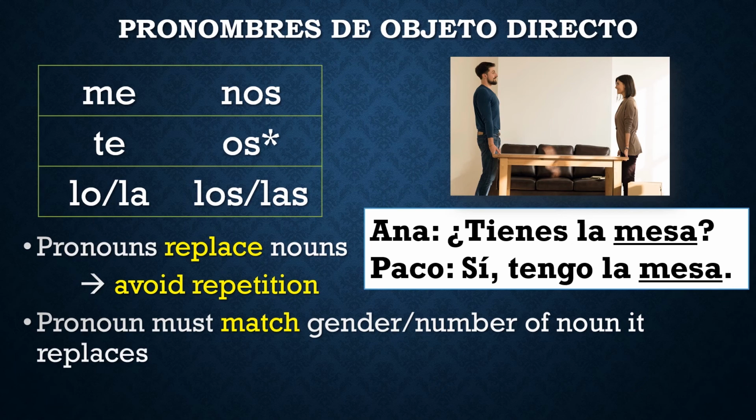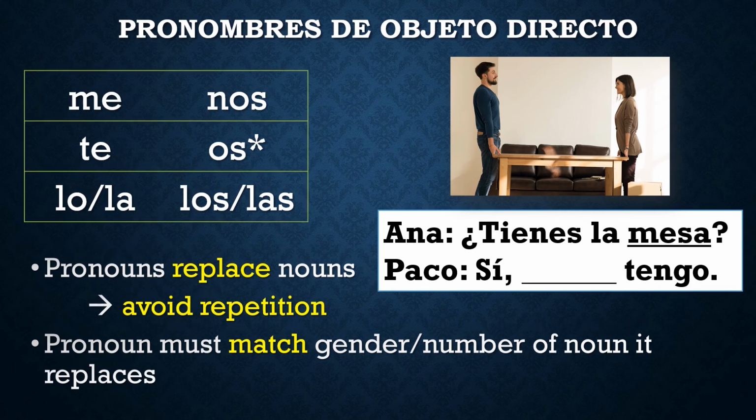Yes, I have the table. Okay, that's fine, but kind of repetitive, right? So instead of repeating la mesa, we have another option. We could replace la mesa, the direct object. What do you have? You have la mesa, the table, we could replace it with the direct object pronoun.